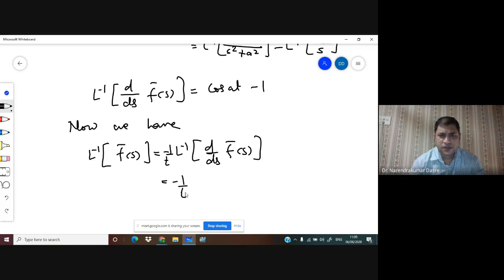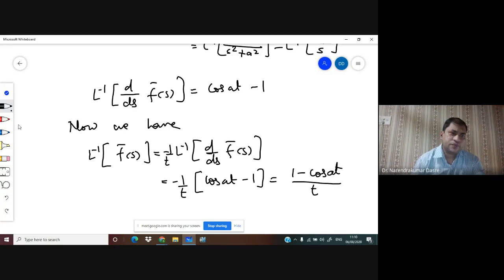So this is minus 1 by t, and this inverse already we have calculated. So it is cos of at minus 1, or we can simplify this as 1 minus cos of at by t.